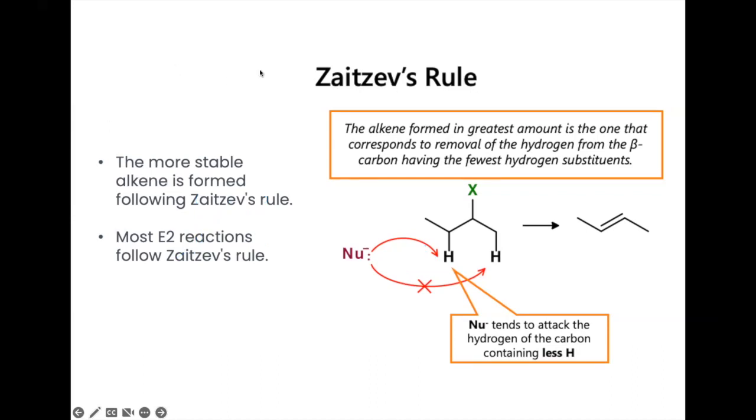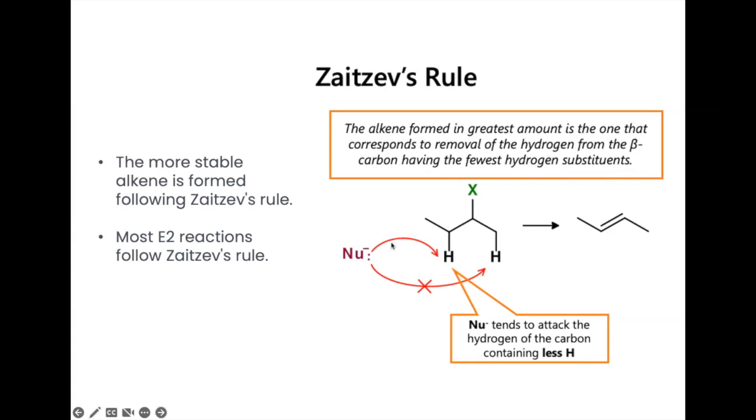Okay, and again, we follow a certain rule known as Zaitsev. Okay, so according to Zaitsev's rule, the more stable alkene is being formed, meaning the alkene formed is the one that corresponds to the removal of the hydrogen from the beta carbon having few hydrogen substituents.